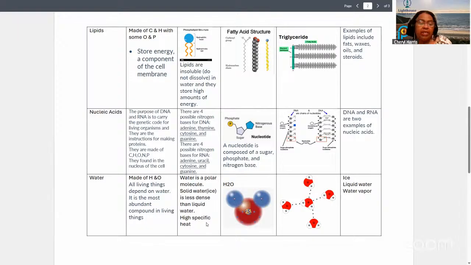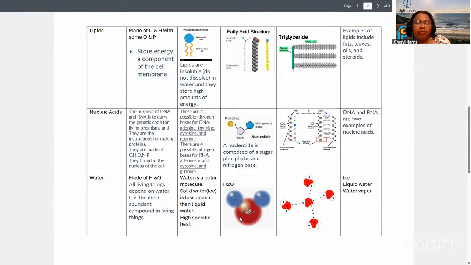Specific heat is the measure of the amount of heat that a body can hold. We talked about how water has low density and high specific heat, which means it takes a long time for it to get hot.